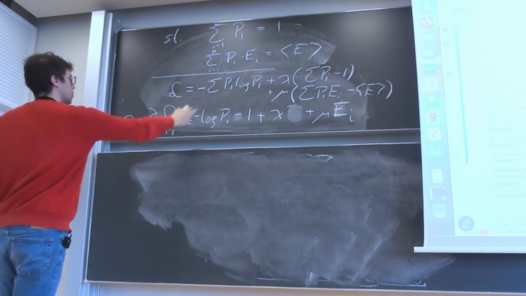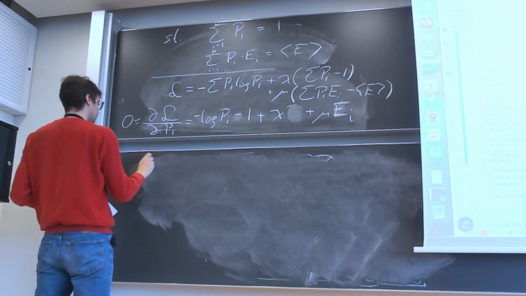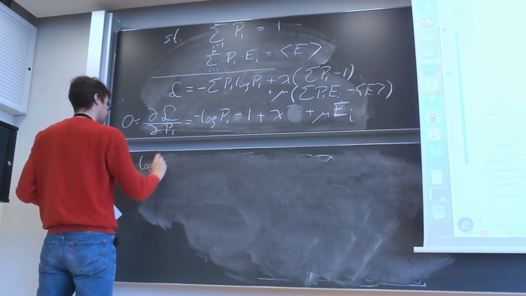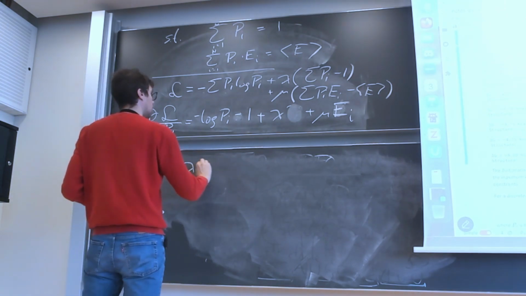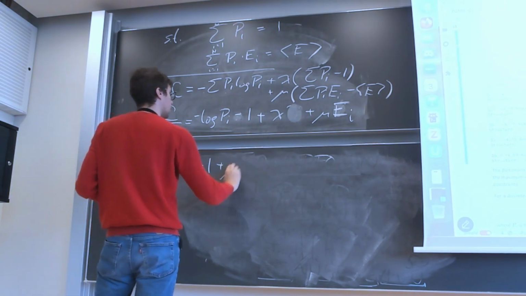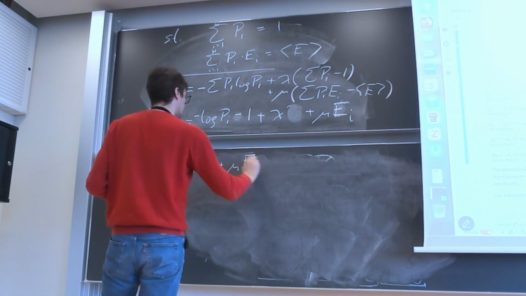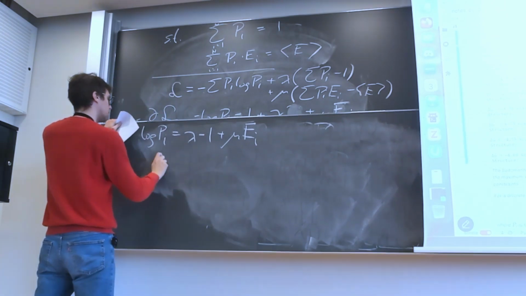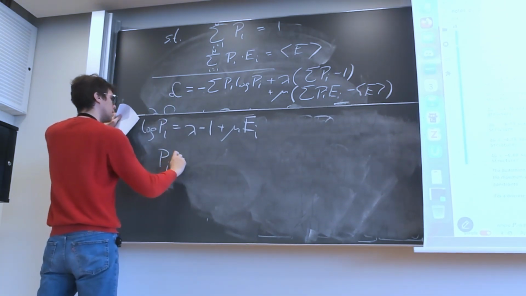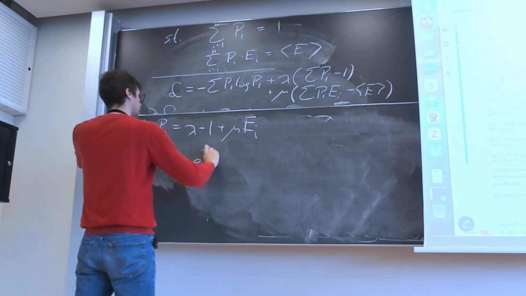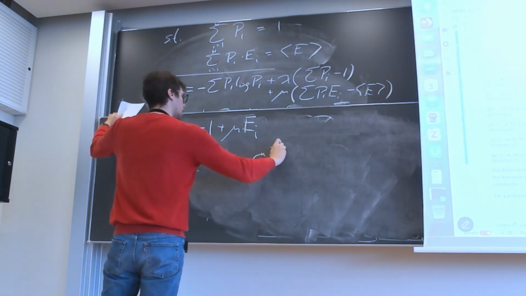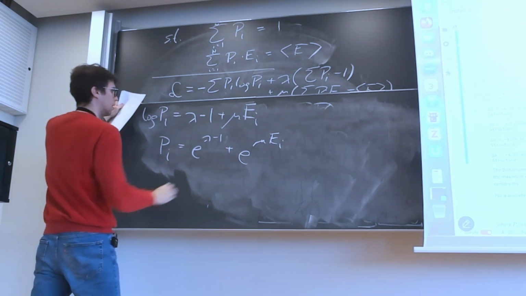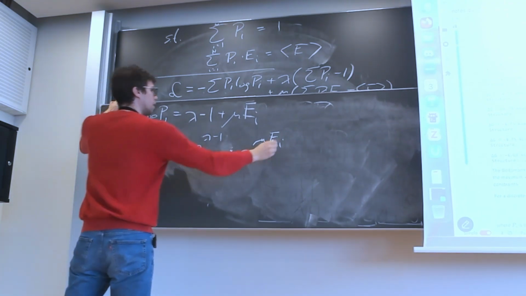Okay, so we take the log P to the other side. Pi equal to lambda minus 1 of mu EI. And we just exponentiate both sides. So this is E lambda minus 1. This is E mu times EI.